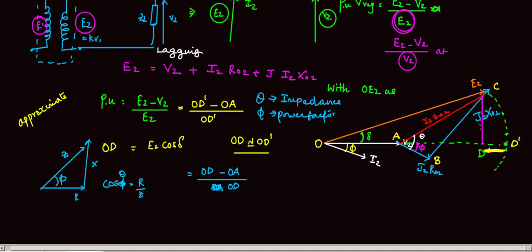This is impedance angle theta, and the angle is theta minus phi. A, B, C: this makes the power factor angle, this makes the impedance angle, and this makes the voltage axis, what I have extended OA AD dash. It is theta minus phi.